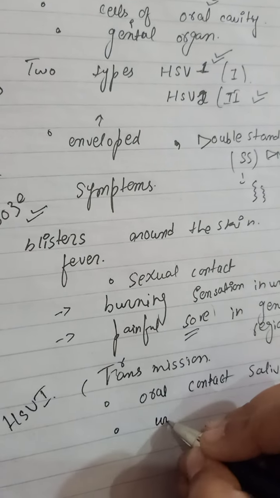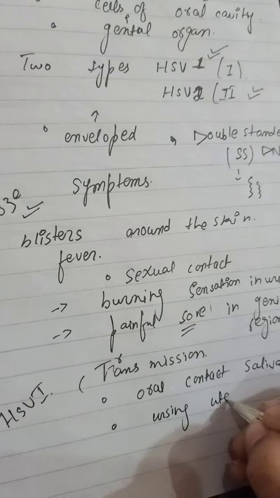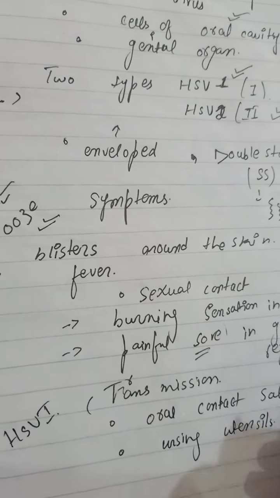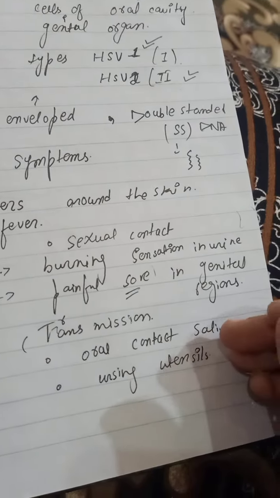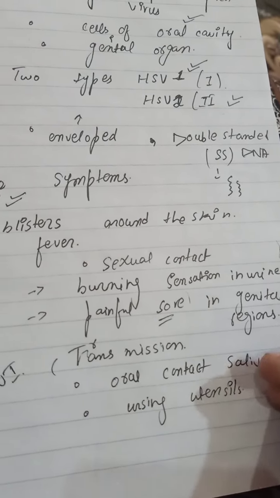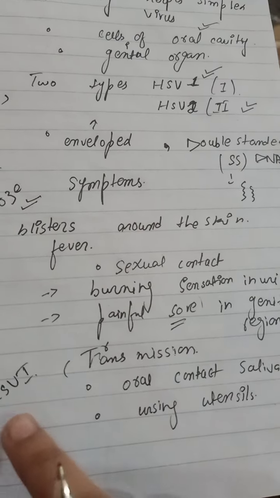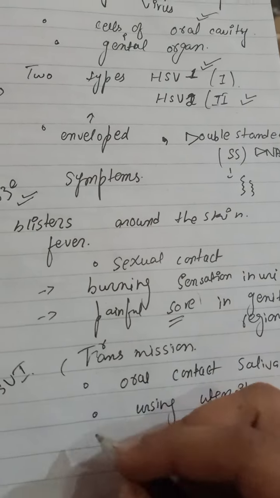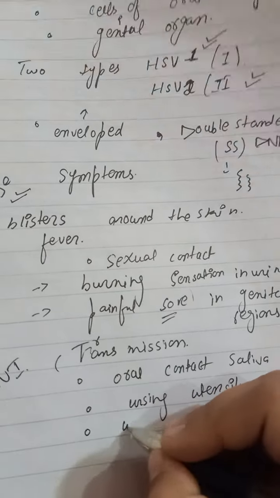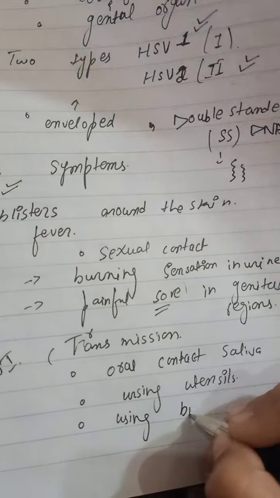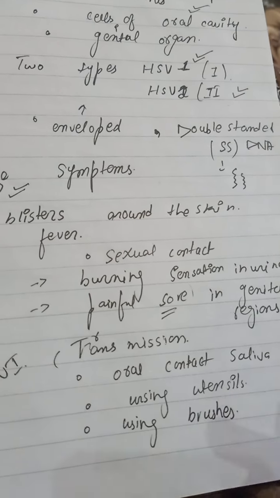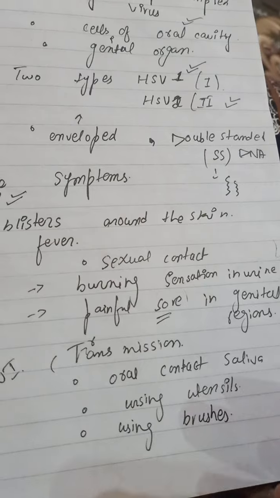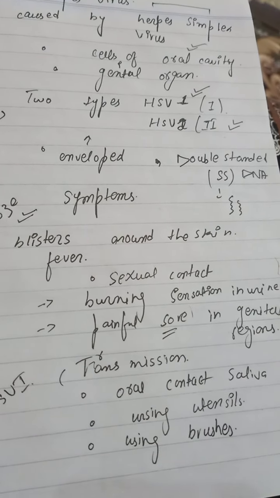Next is using shared utensils, which means eating food from the same utensil can transmit the herpes simplex virus. Next is using the same toothbrushes, which can transmit the virus from one person to another.